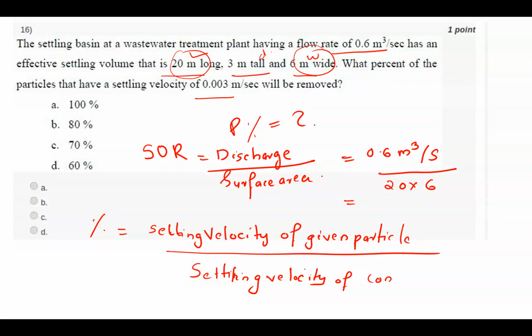Concerned size means here you are looking for the SOR, so you divide by SOR, then you get the percentage.